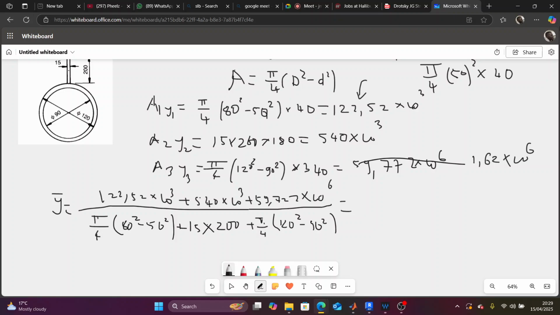Everything pi over 4 times 80 square. The calculator doesn't want to take it. Anyway, let me start again.